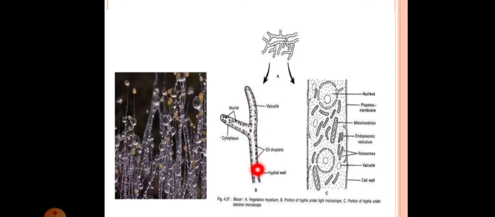Vacuole means the open space. Oil droplets, cytoplasm, and hyphal wall are present, and the cell wall is made up of which substance? The chitin. Here you can also see the cell wall, vacuole, ribosomes, endoplasmic reticulum, mitochondria, plasma membrane, and nucleus. So this is the structure of the hyphae of mucor.